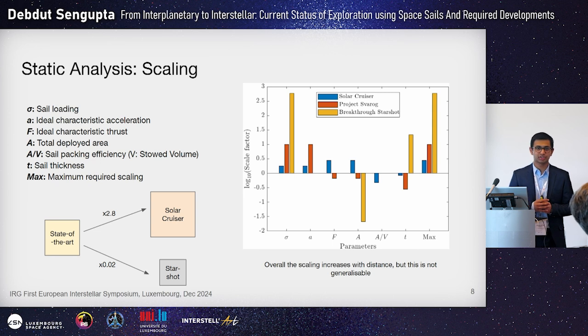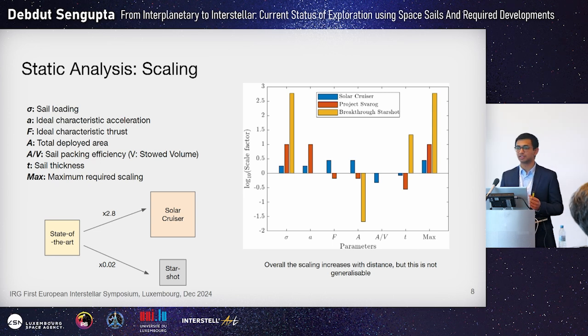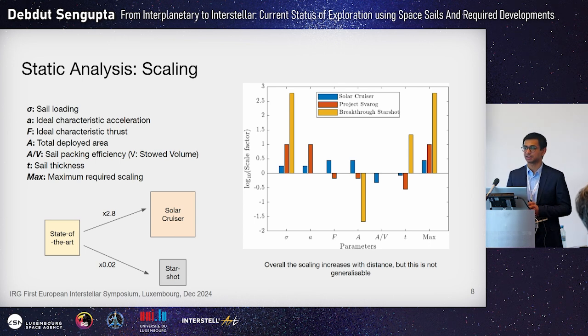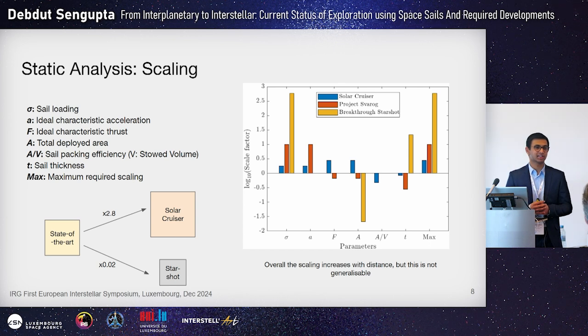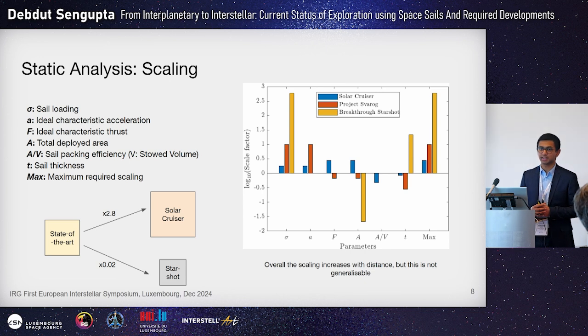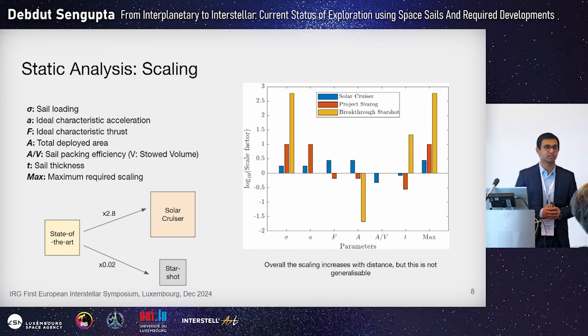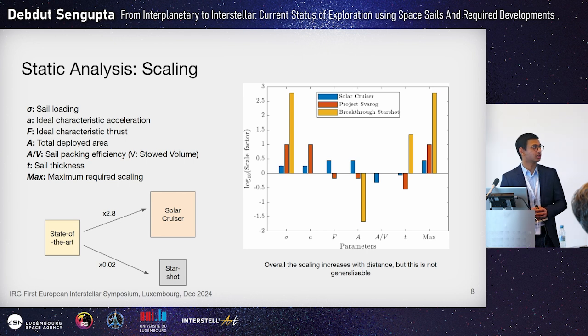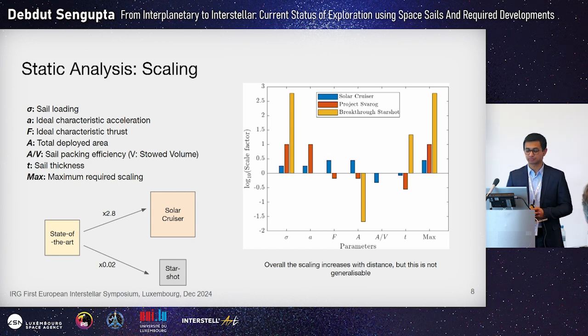It should also be noted that this scaling does not apply to all parameters. For example, the area, we can see the scaling actually decreases with increasing complexity. And this has to do with the fact that we are trading mission elements. Instead of using a larger area, we are looking at a greater photon pressure, for example, by using sun diving or a ground-based laser.